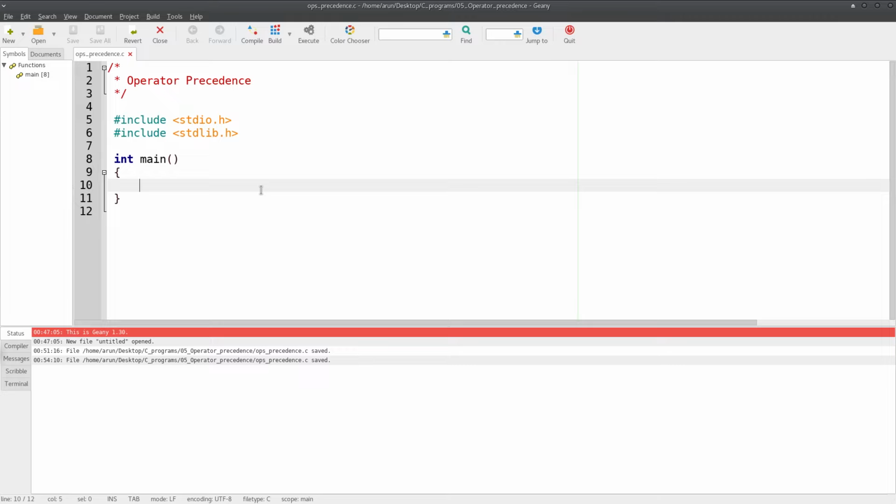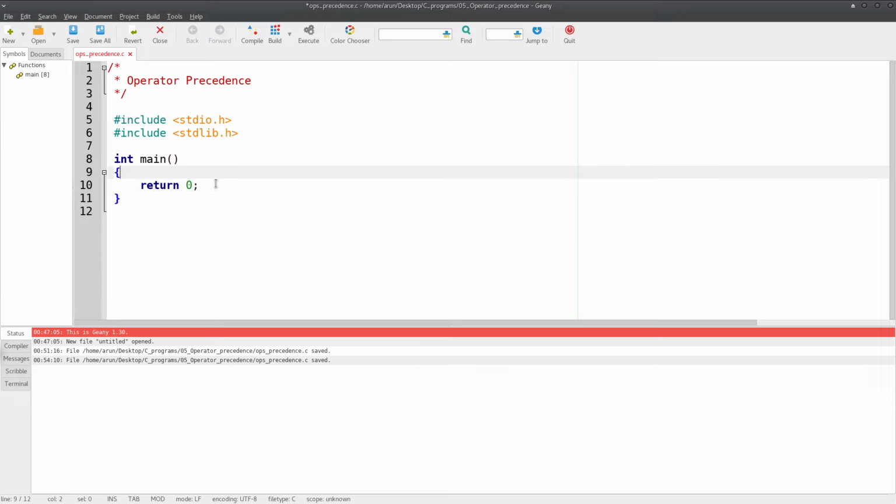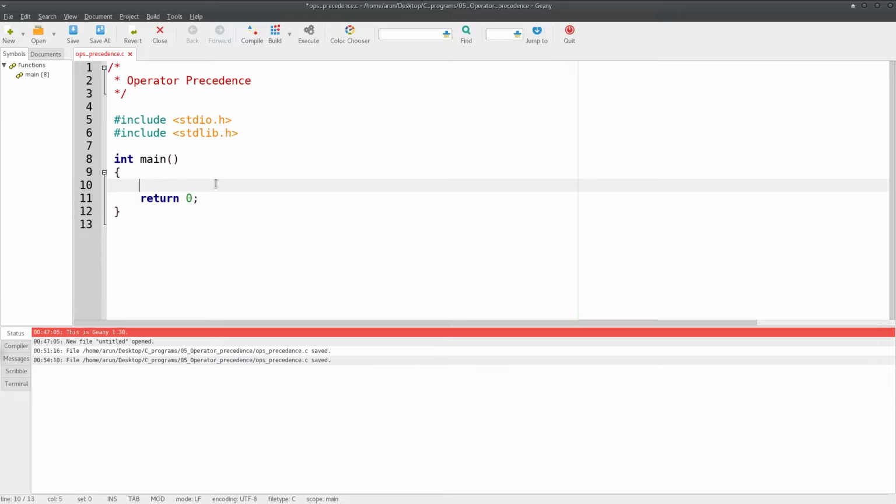So with that being said, we'll start with today's topic, which is operator precedence. Now, operator precedence is of major importance, especially if you're dealing with a lot of variables. Let's say I were to create a complicated expression.